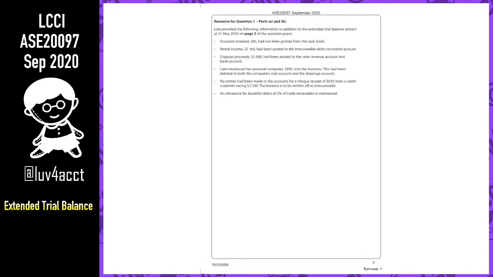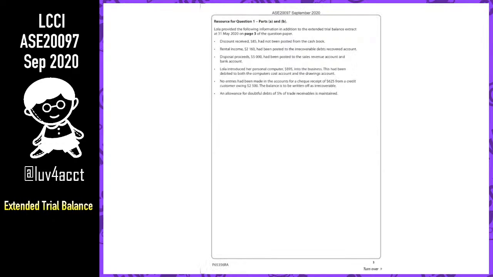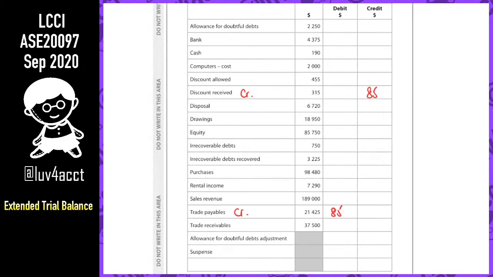Item 2, rental income 2160 had been posted to the irrecoverable debt recovered account. Wow, so strange. So this would be an error of commission, 2160. We have to deduct it from the irrecoverable debt recovered account.